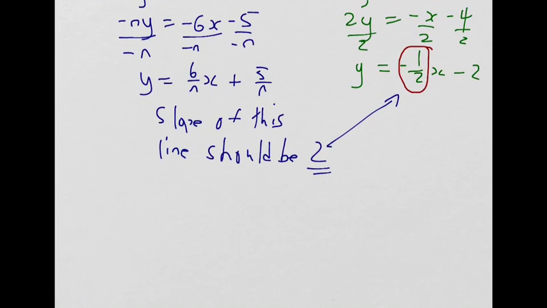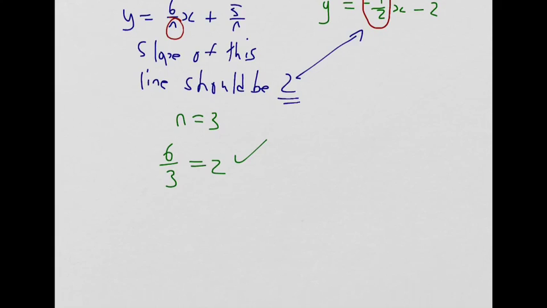What number could you put in for n, right here, to ensure that it would work out to 2? 3, right? 6 divided by 3 is 2. So if we make n equal to 3, that would mean that 6 over 3 is 2, which is what we wanted.